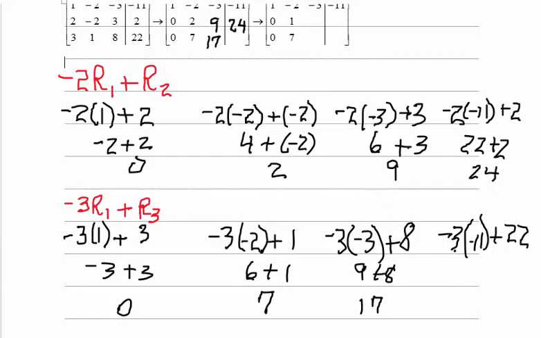And then I have negative 3 times negative 11, 33 plus 22, which gives me 55. And in that second matrix, in row 3, column 4, is a 55.